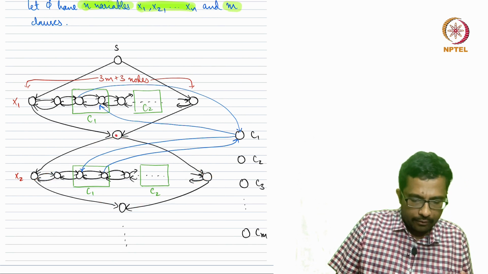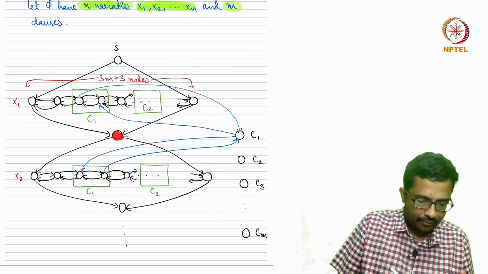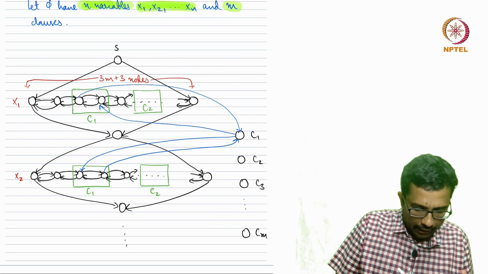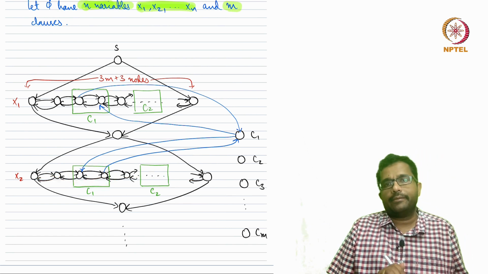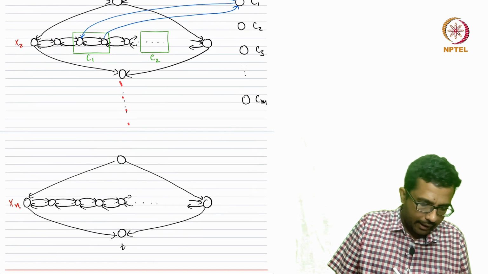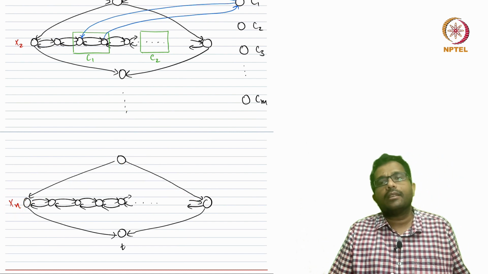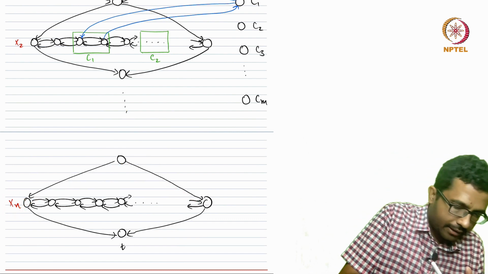The top of the x2 diamond is the bottom of the x1 diamond, which is the same vertex. And again I have paths from left to right and right to left, and I have identified boxes similarly for C1, C2, etc. And so on. Finally, I have the nth diamond corresponding to the variable xn, and similarly I have these boxes.